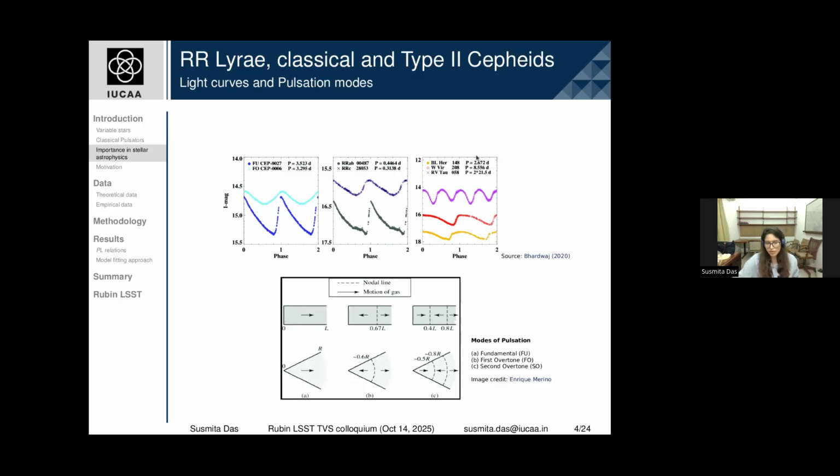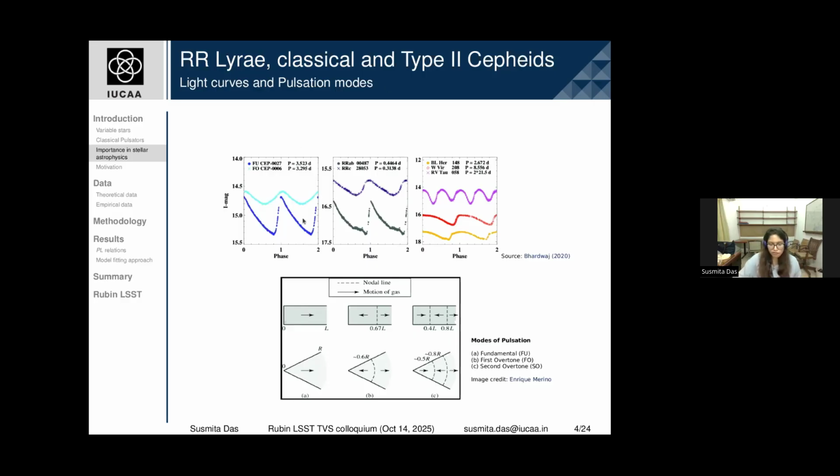So how do we separate classical and type 2 Cepheids? At first glance, you see that all of the different types of classical pulsators exhibit different light curve structures. So that is one distinguishing parameter among the different subclasses. The next, as we saw from the HR diagram, is that type 2 Cepheids are intrinsically fainter than classical Cepheids, which is why they obey a different period-luminosity relation, and thereby separate out on the period-luminosity plane.